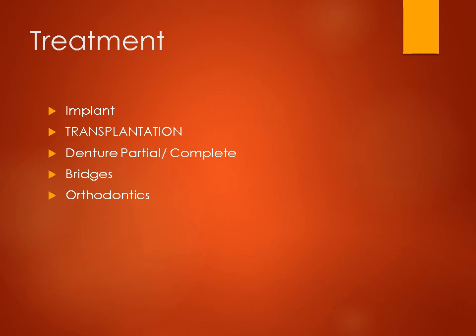Either the patient requires a denture or implants, or we can accept the spaces and close them using orthodontic treatment like braces. These are the various options, so it depends on the scenario, the budget of the patient, and the dentist's clinical decision.